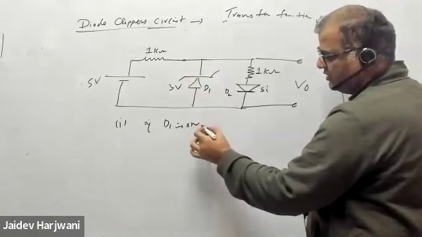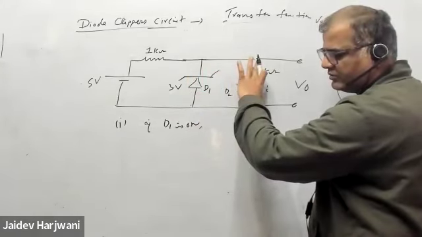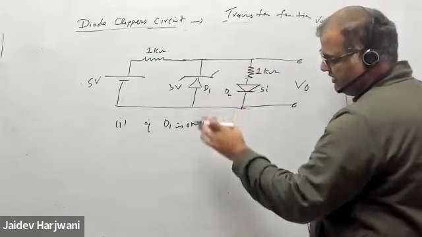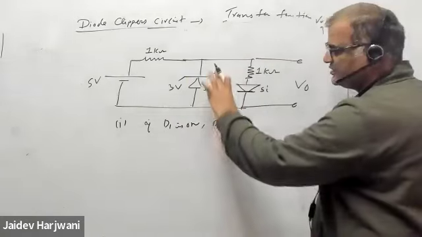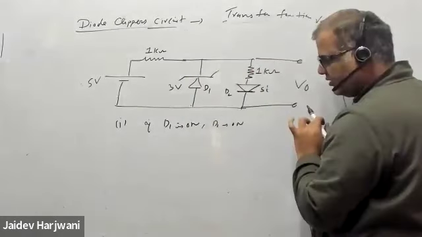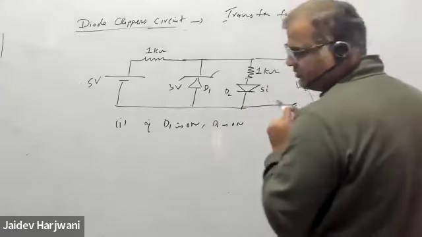If D1 is on, so automatically this will also become on, yes or no? So if D1 is on and D2 is on, this is automatically on. Now let us check whether it is possible or not.